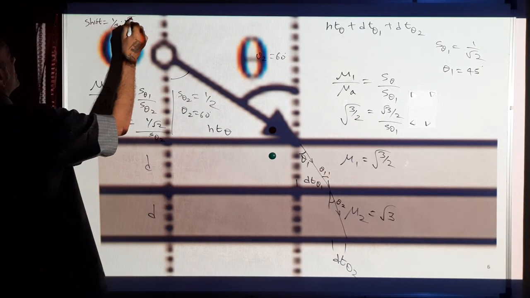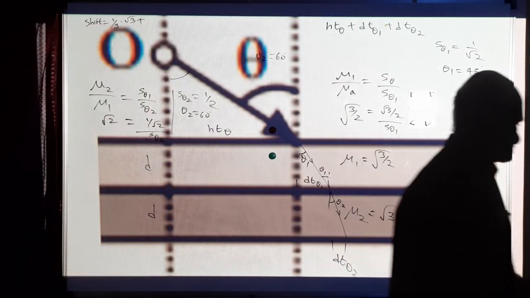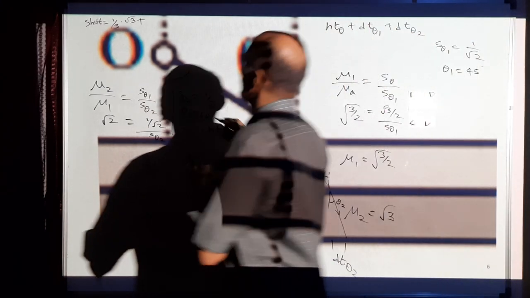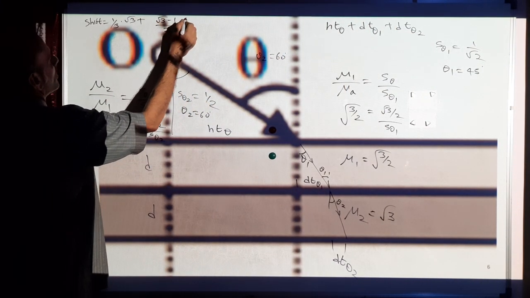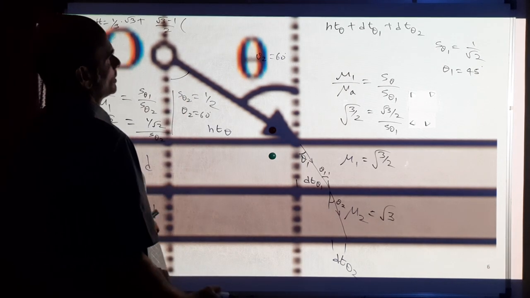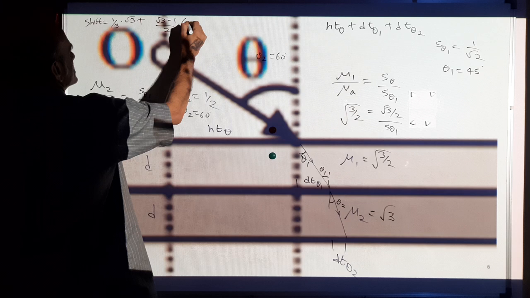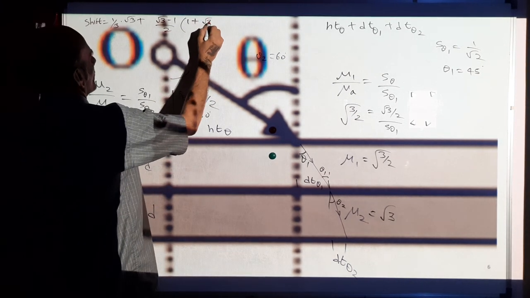So tan theta is root 3, and then d is root 3 minus 1 by 2 into tan theta 1 plus tan theta 2. D I can take commonly outside. So tan theta 1 is 1, and theta 2 is 60, so it's root 3.